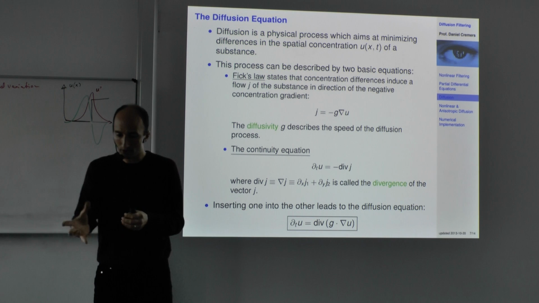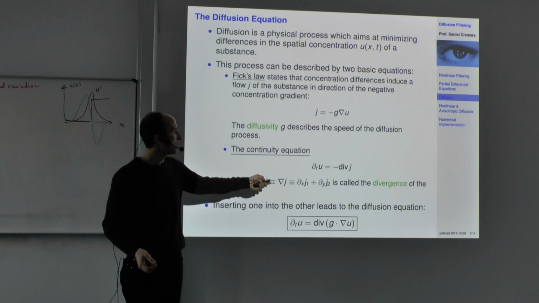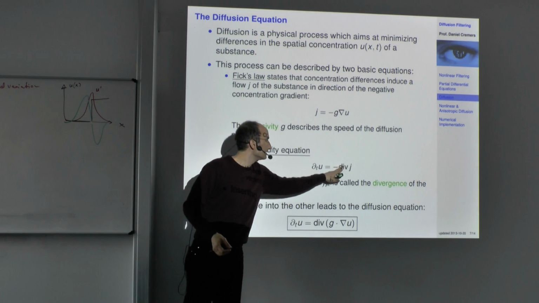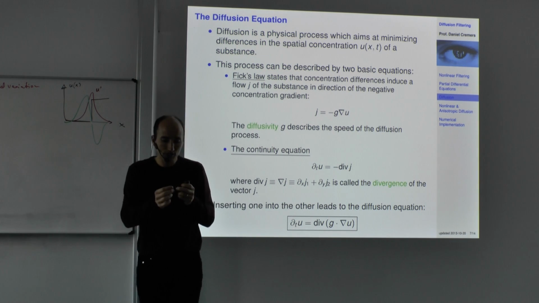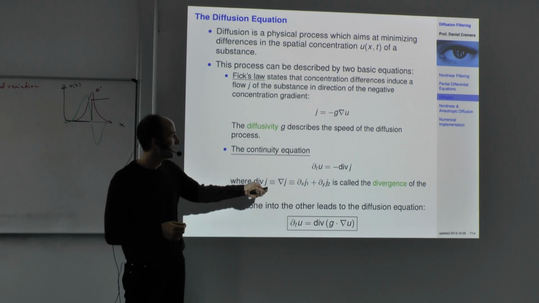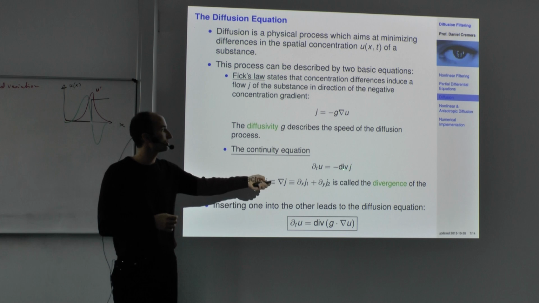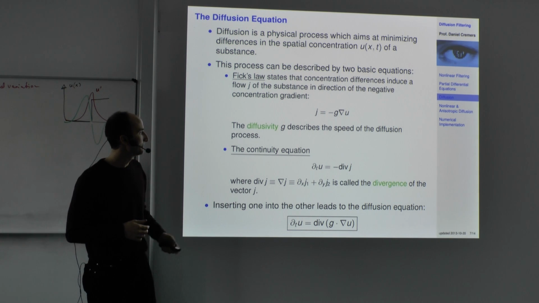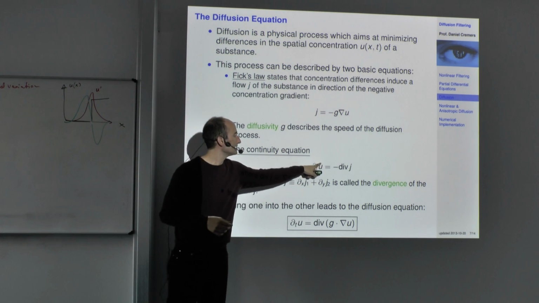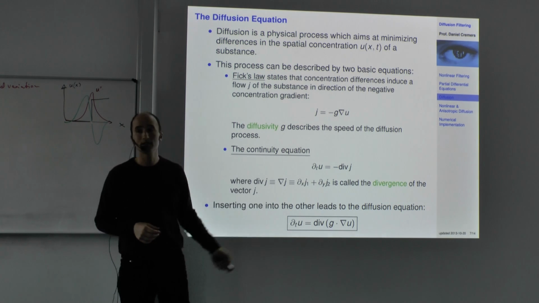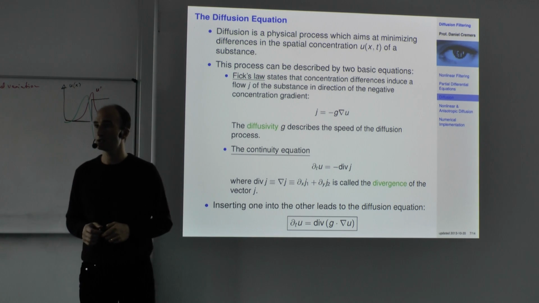How does it decrease? Well, the divergence tells me how much the flow is changing in space. This is again the nabla operator applied to the flow J, which is a vector, so it's the divergence. And so the change in time of the concentration is equal to the negative divergence.